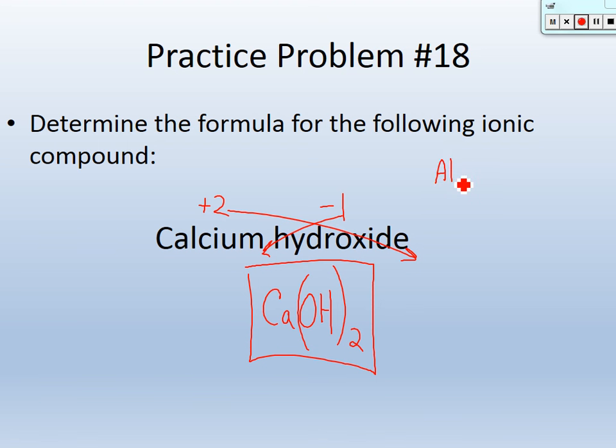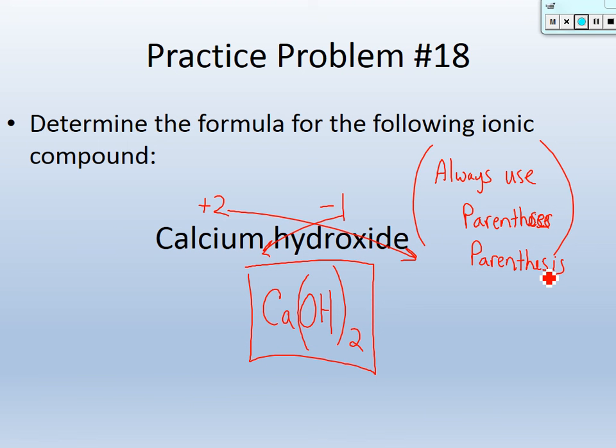Let's just write this: always use parentheses. Anyway, always use parentheses, okay?